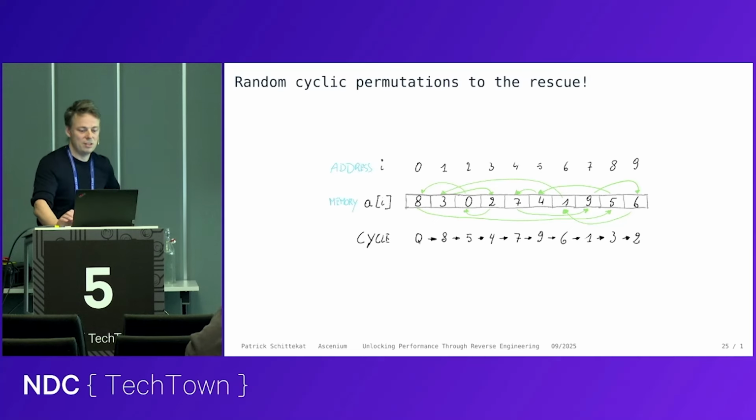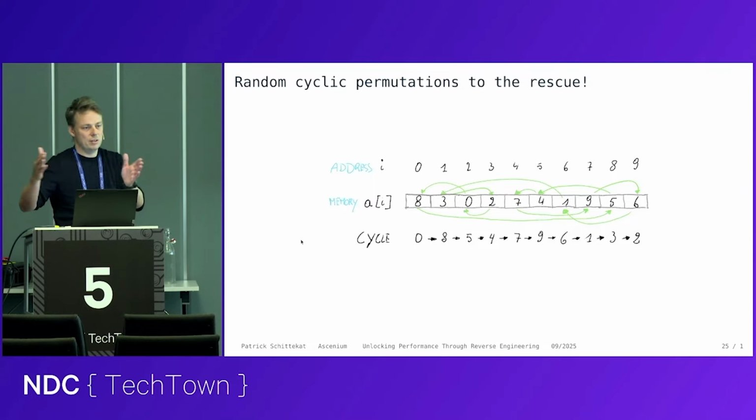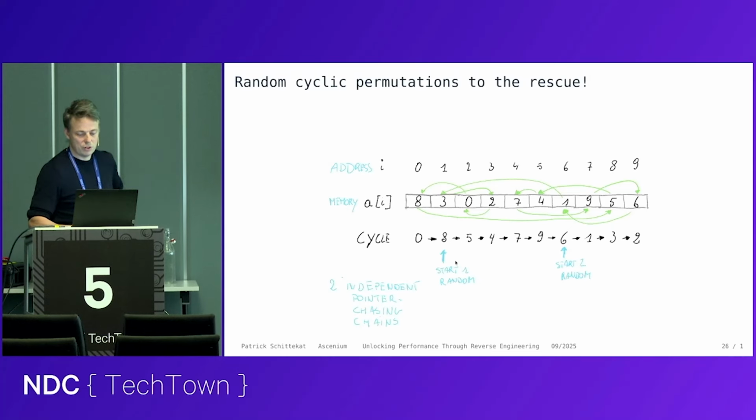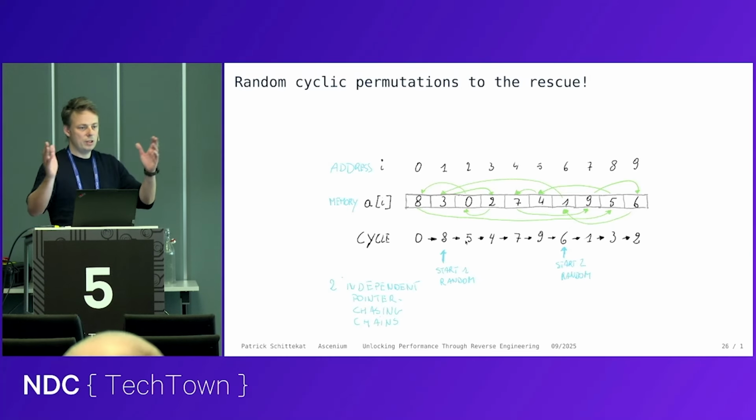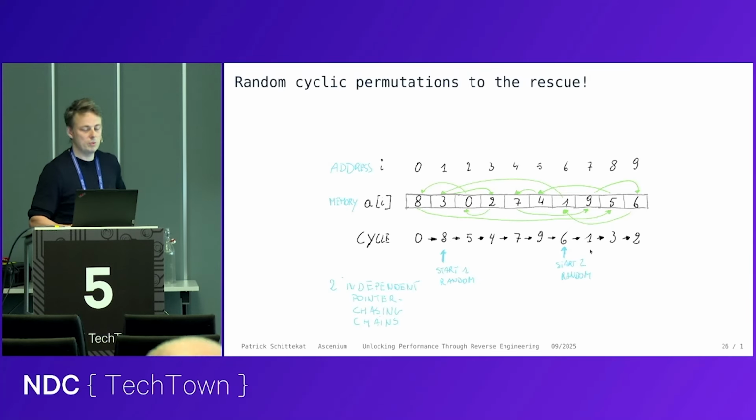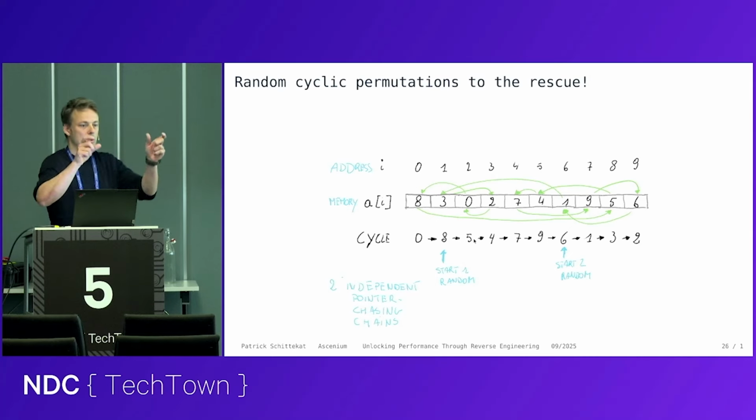Now imagine that this is our memory, and in this memory location you always know the address where to go next. So we get a pointer chasing example. And how do we get our independent operations then? Our independent moves. We just split it up and choose at random a starting point within this cycle, which we will use to move forward.